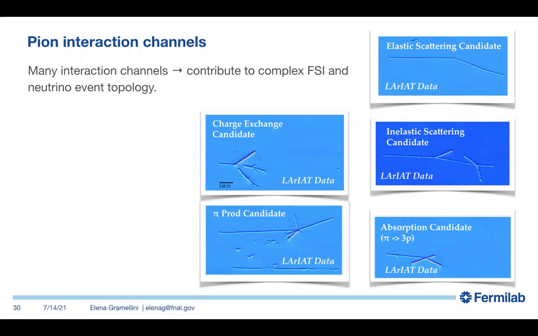Somebody 2 days ago was talking about there being 4 protons in this neutrino interaction. Well, it's possible that there was a pion in the nucleus, and then 3 protons came out because it was absorbed in the nucleus. So you see, your neutrino physics starts becoming very complicated.